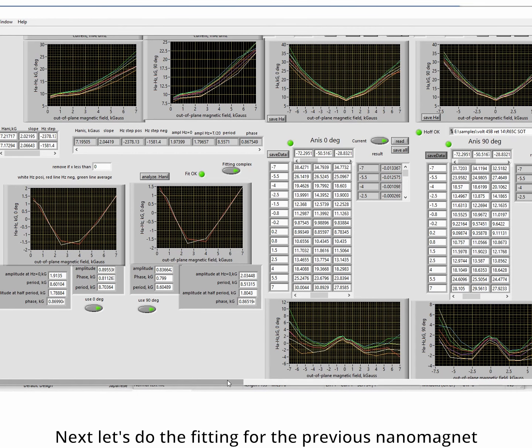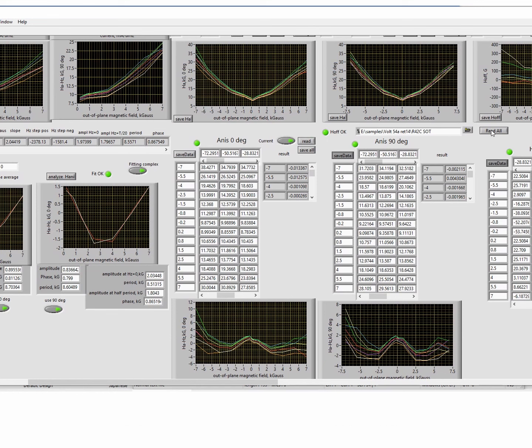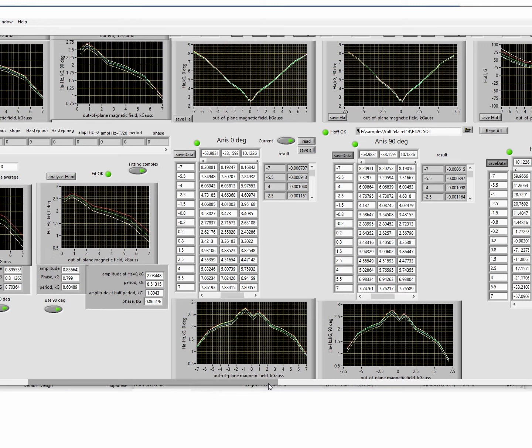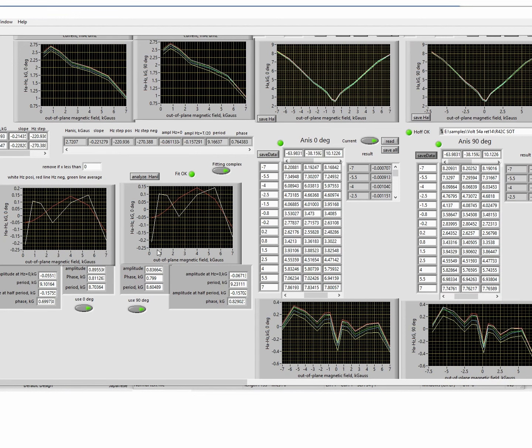Next, let's do the fitting for the previous nanomagnets. So copy its directory here, read, press Analyze anisotropic field, and you can see the fit is not so good because of some problems at small magnetic field.